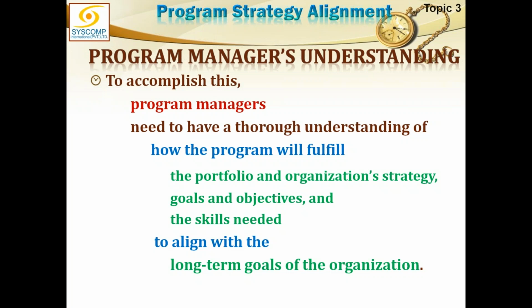Meaning what? Will we be able to deliver? Do we have the capacity to deliver? Can we deliver the organizational strategy, or for that matter, can the benefit realization be done or not? So this is the basic understanding of the program manager in the very beginning. So he needs to do all this.